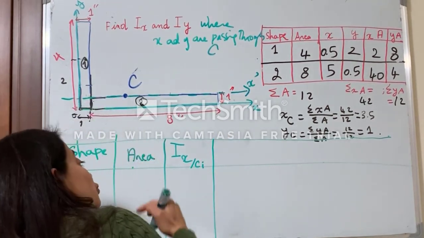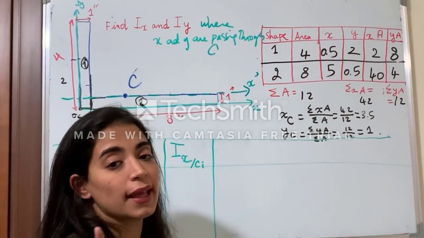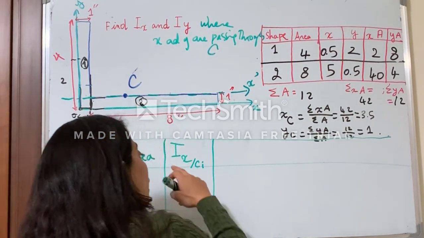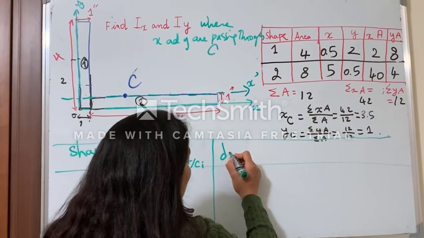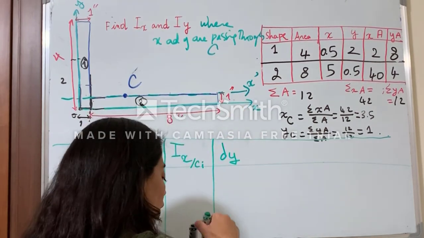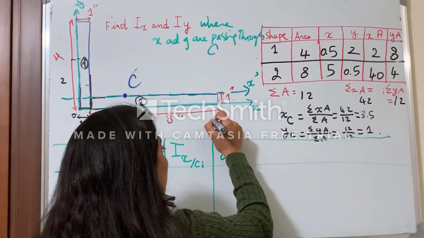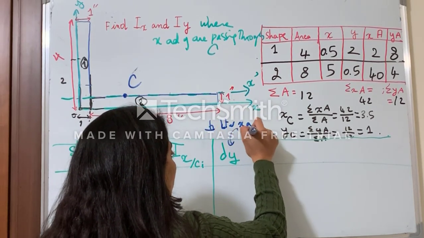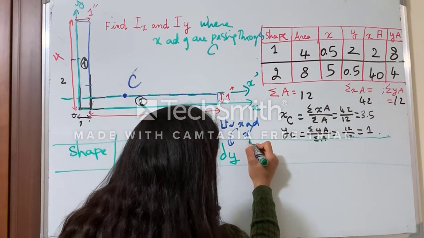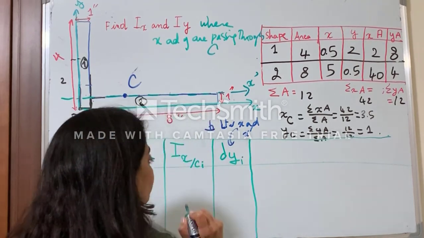And then since I should find Ix, remember in the explanation, I should find dy. And what is dy? Dy, guys, is the perpendicular distance between x and x prime. Alright? So this is dy, of course.